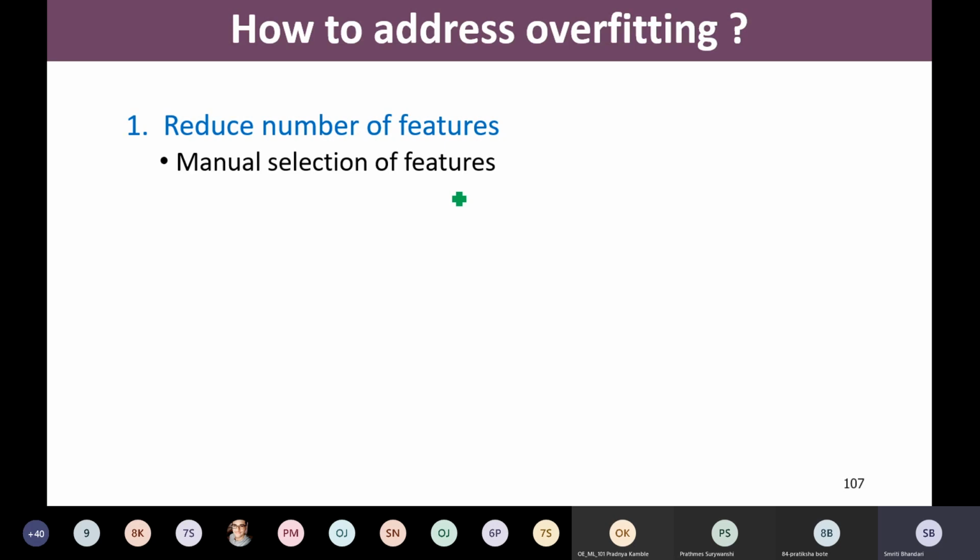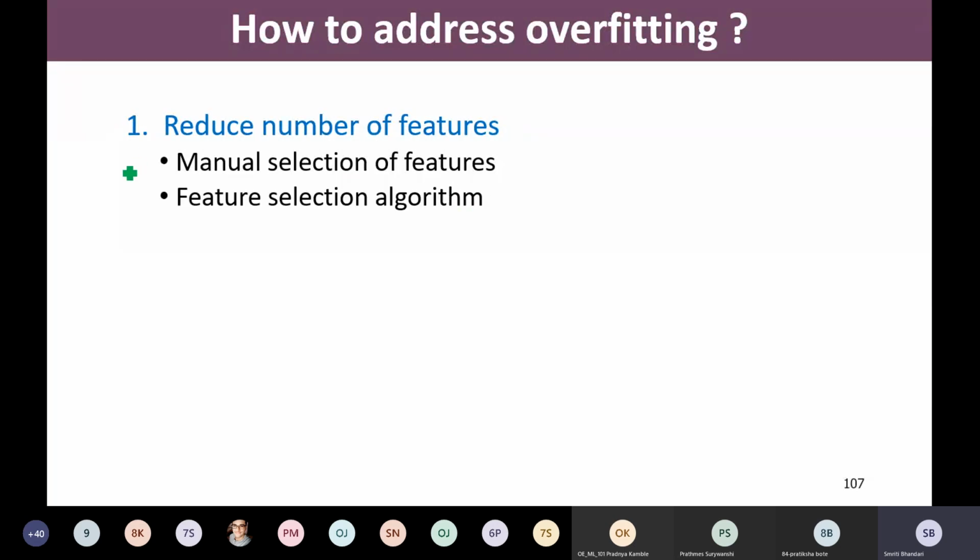How are we going to reduce the number of features? We may manually select the features. So out of 100, whichever features we feel are most important and are contributing to defining the price of the house, we may pick manually only those features, and try to simplify our problem.